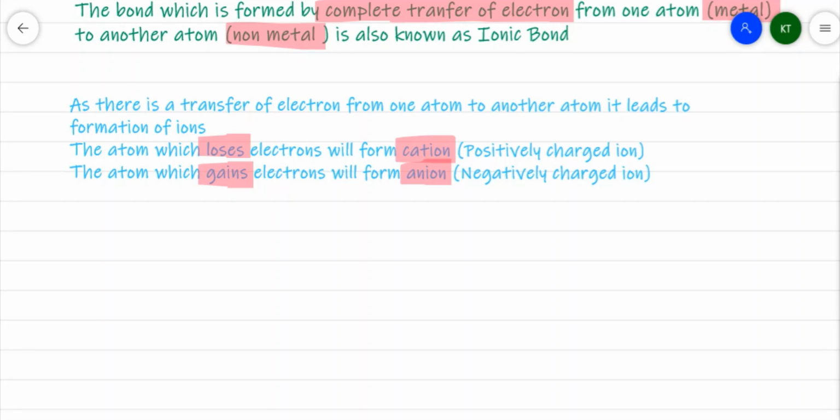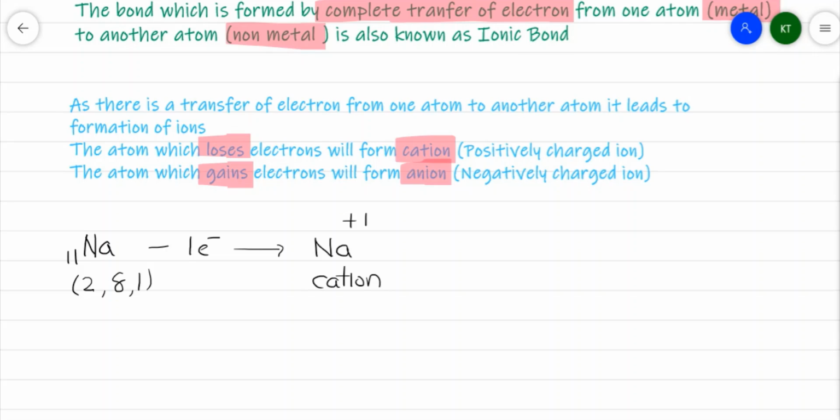Let us see what this means. I have a sodium atom whose atomic number is 11, electronic configuration 2, 8, 1. Now this sodium atom will lose its electron from the valence shell and get converted into a positively charged ion, that is called a cation.